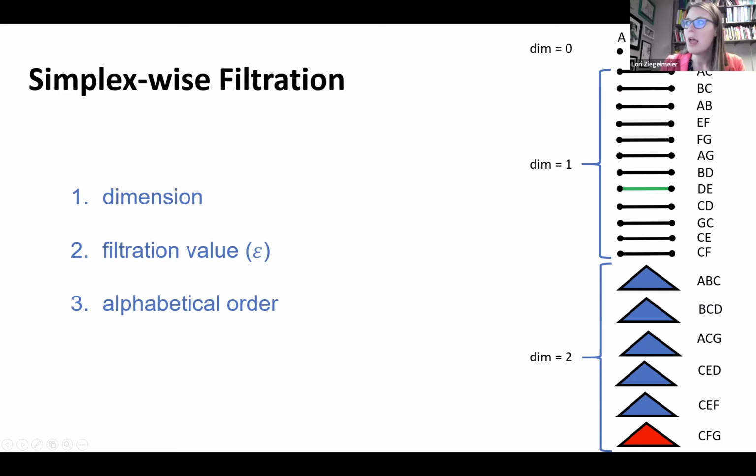The key thing is that we have a birth one simplex, and when our two simplex is born, then this cycle dies.